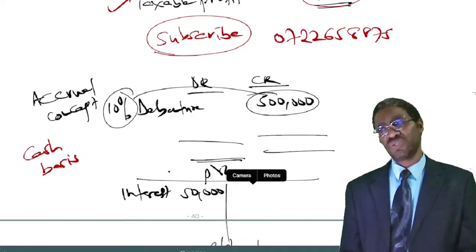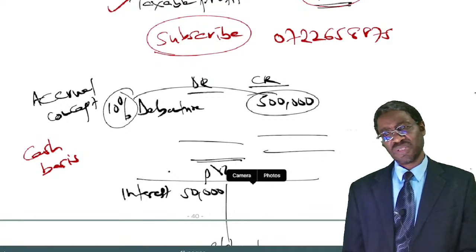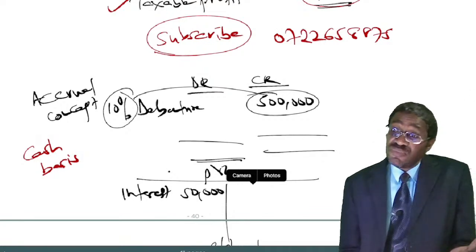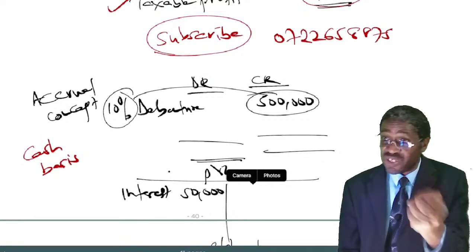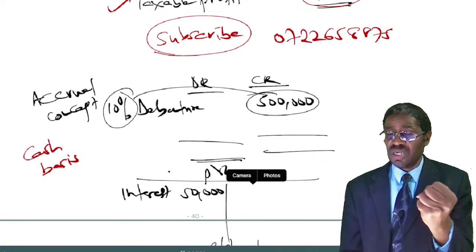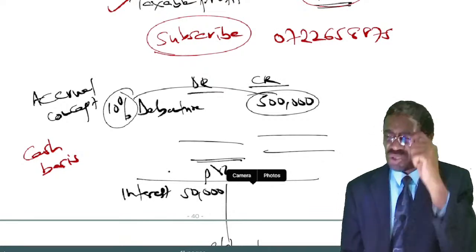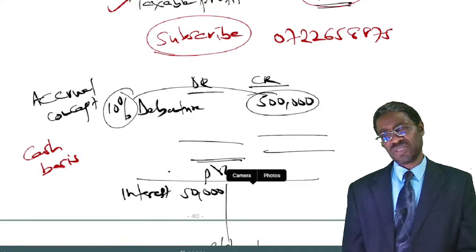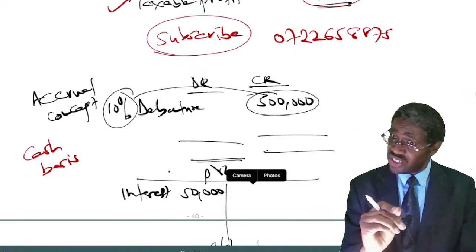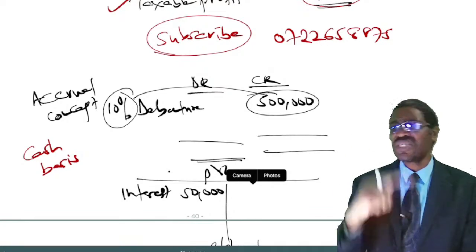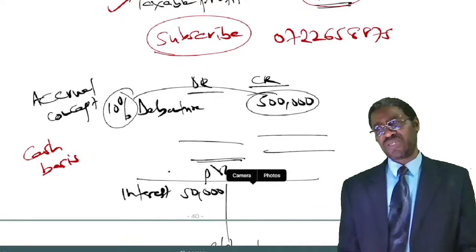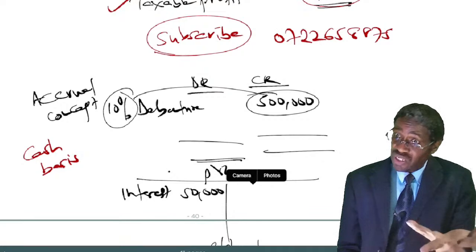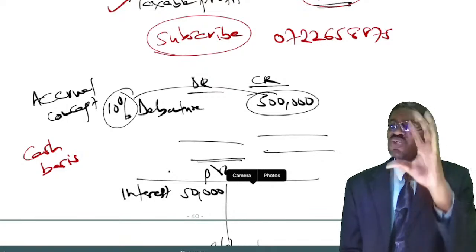The answer is no. Why? Because according to him, you have recognized an expense of 50 in the income statement, which you should not have recognized. According to the taxman, you should recognize it in the following year when it is paid. But the rules of accounting say you recognize it on accrual basis, which is okay.